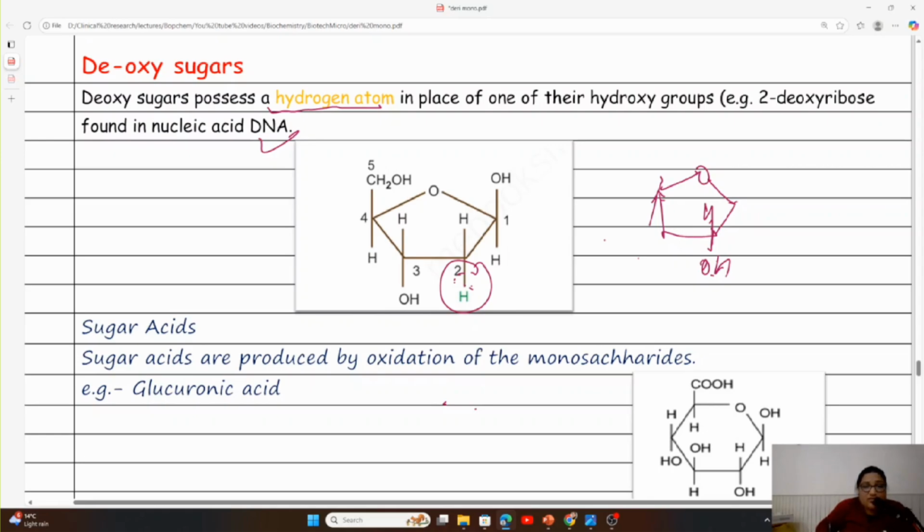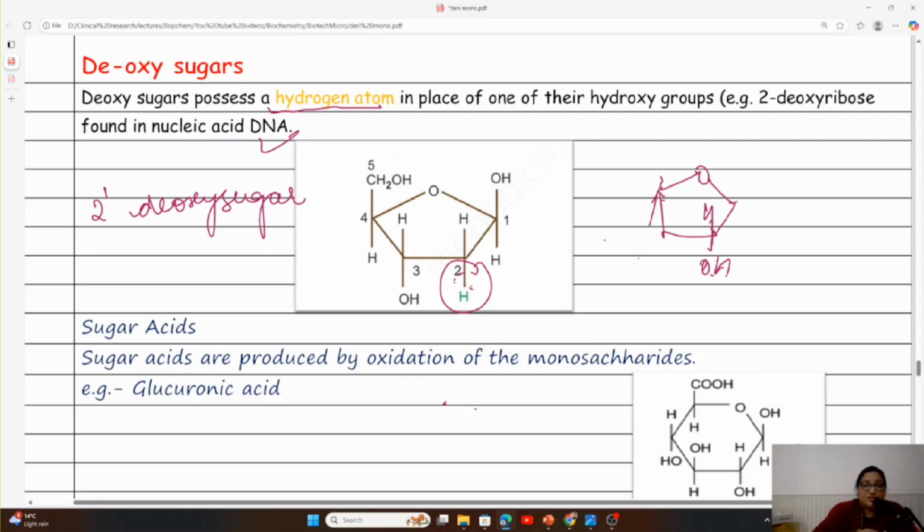The oxygen is removed from the second carbon atom, hence it is 2' deoxy sugar, and it is an important component of DNA.